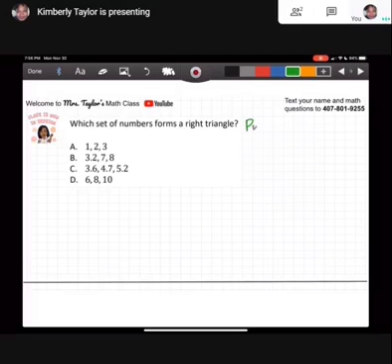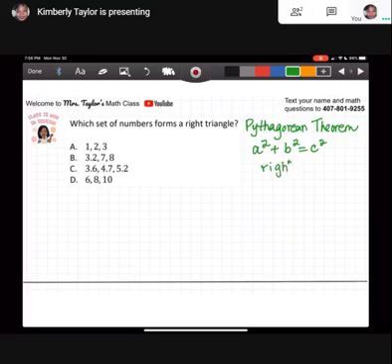Pythagorean theorem. The Pythagorean theorem is a squared plus b squared is equal to c squared. And this works with right triangles. Okay?